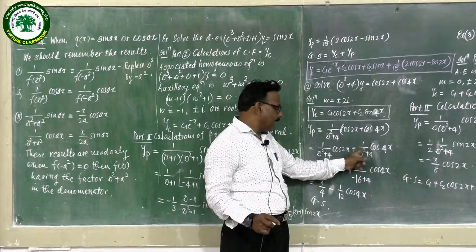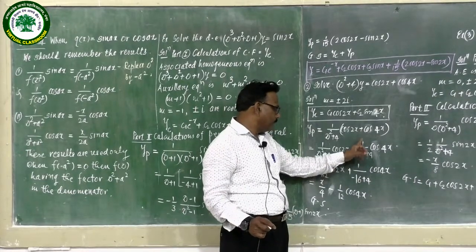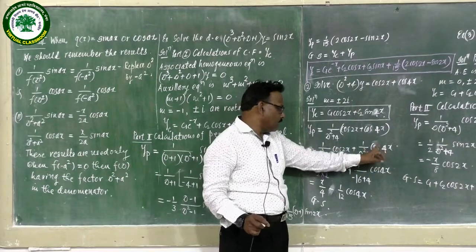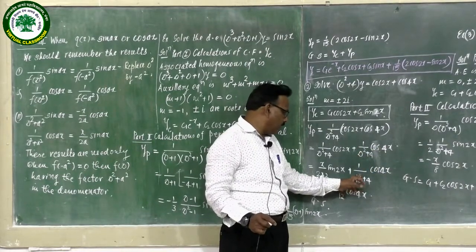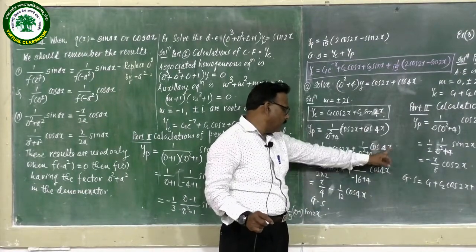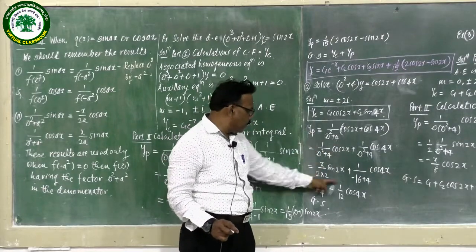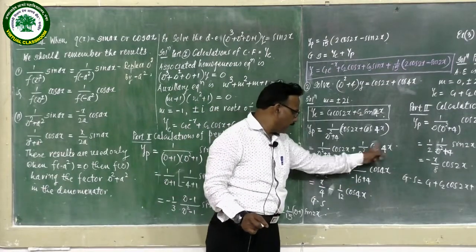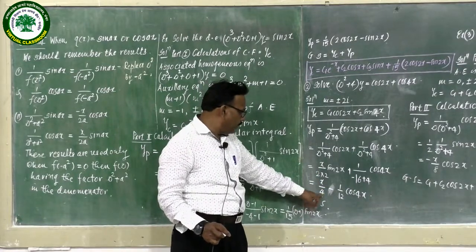Plus the second result, where you replace D squared by minus a squared, because a is equal to 4, then minus 4 squared, that will be minus 16 plus 4, remaining as it is. This will be cos of 4x. Here this formula is different. Therefore, it will be x upon 2 into 2, that is 4.